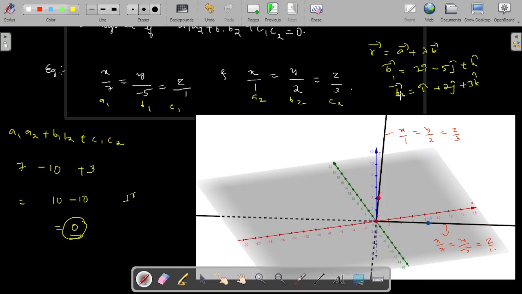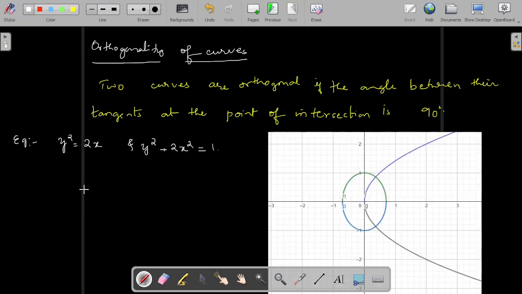Now, if you find the dot product between these two vectors, that is the same as this condition, then you will get it as 0. Therefore, the lines are perpendicular to each other. This is how we check the orthogonality of two lines in 3D.